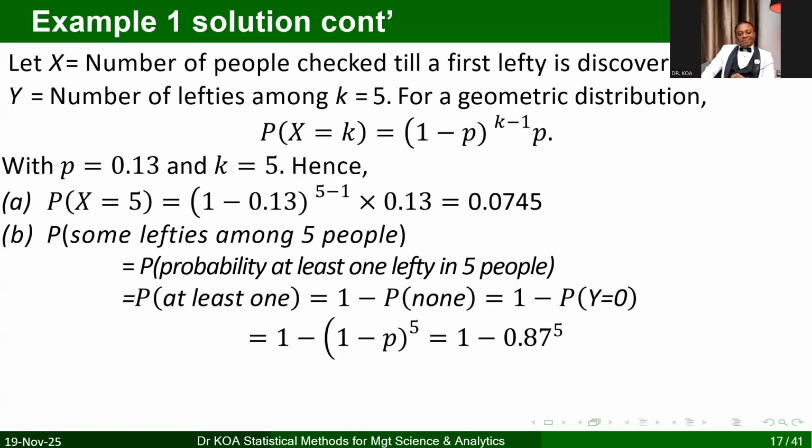I'm confused as to where the 0 comes in, since there's no X here. Yeah, but it says the probability of at least one lefty in 5 people. Yes. One lefty in 5 people. Okay, so Doc, it will be a combination.